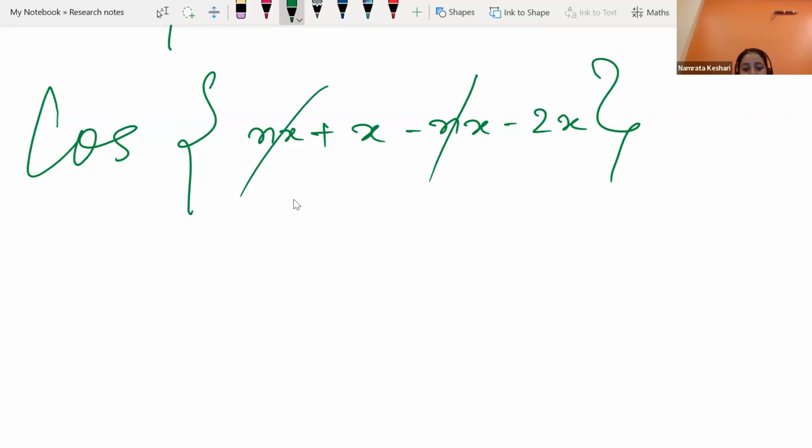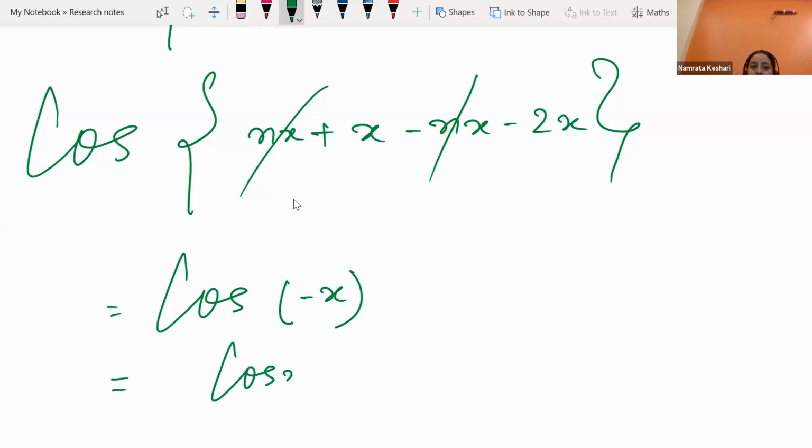And then only x, we're left with x. Cos of minus x, that is just cos x, right? Right. Yes. Let's continue.